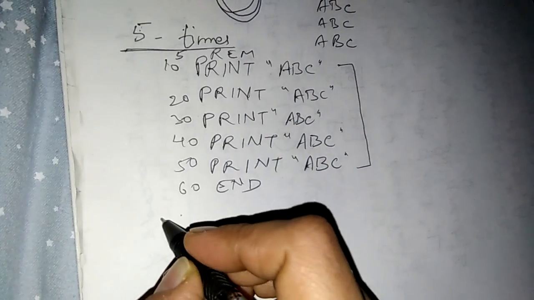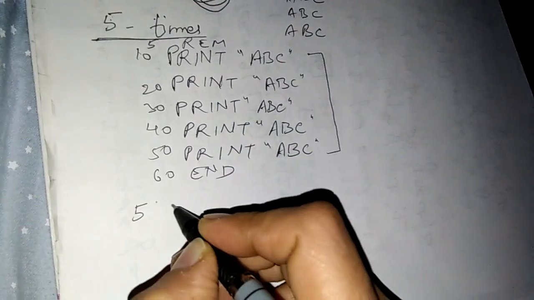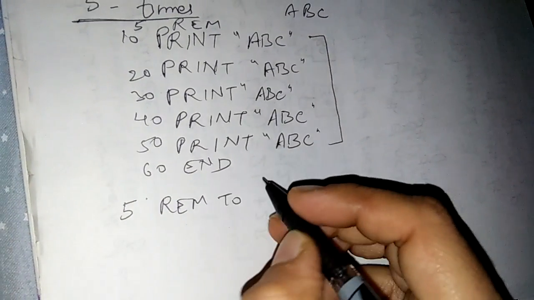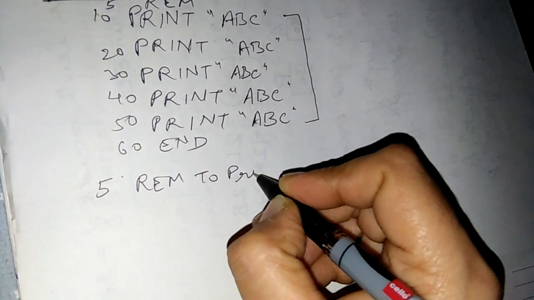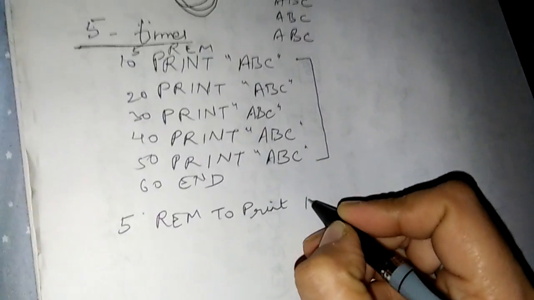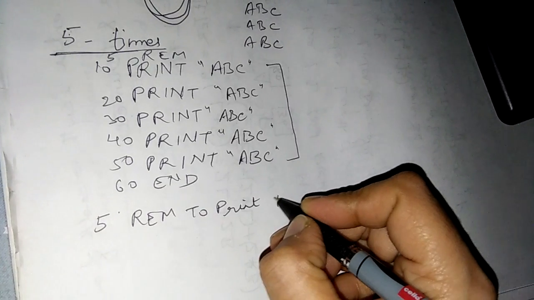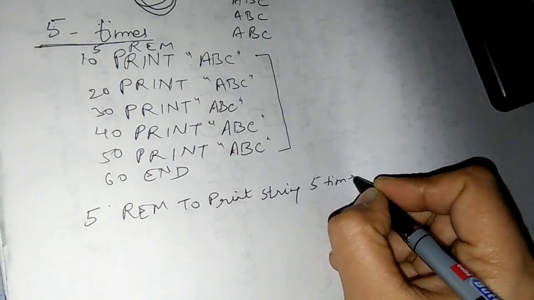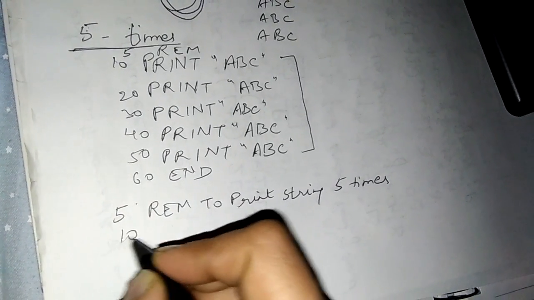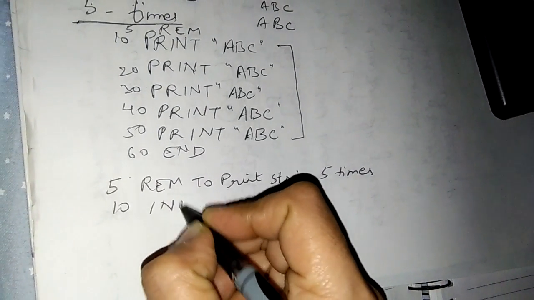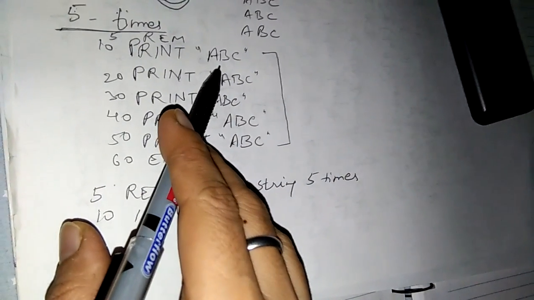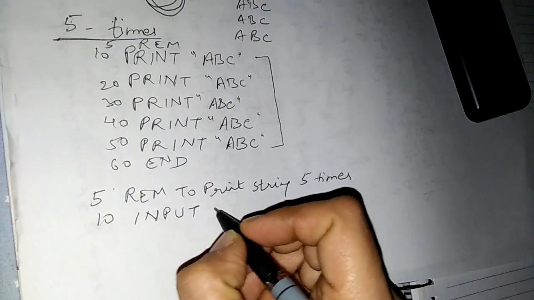Suppose rem, to print a string 5 times, then I can input a string. Instead of ABC, it can depend on the user's choice what he wants to display 5 times.